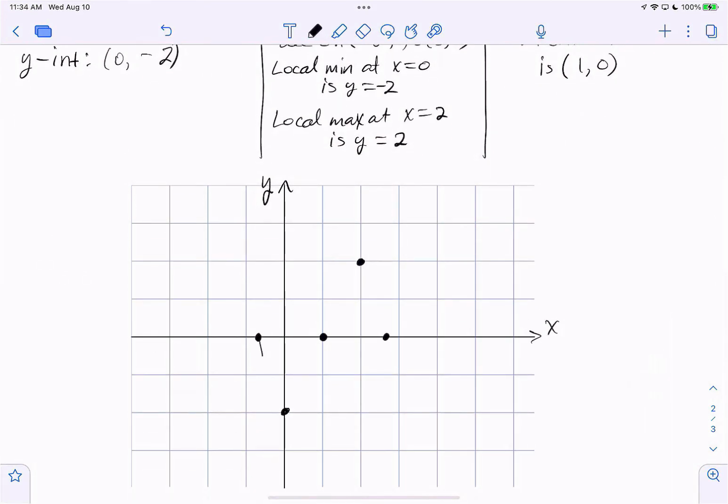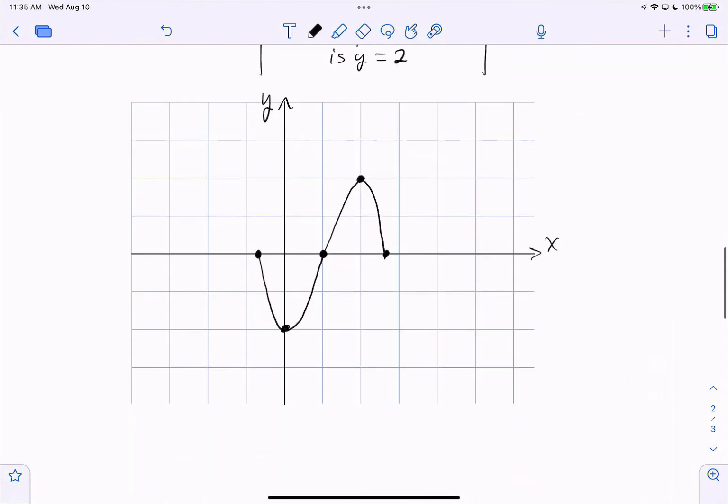So here I'm going to draw an interval that's concave up. And then I'm going to try and draw an interval that's concave down. And so that concavity should switch at 1, 0. To the right of the rightmost x-intercept, I'm going to draw a graph that goes straight down. I'm not going to wiggle it out like this because that would be concave up again, and I'm not allowed to have that, right?